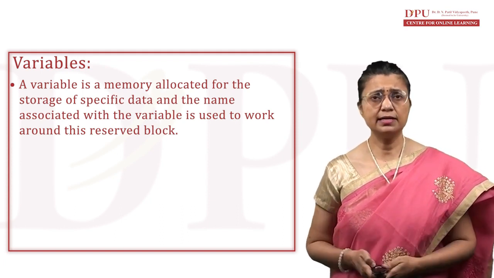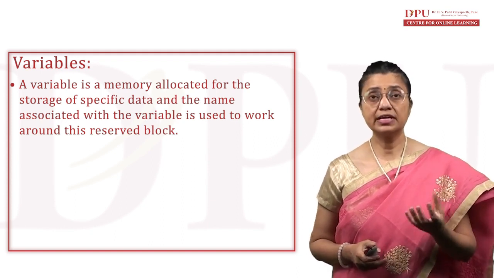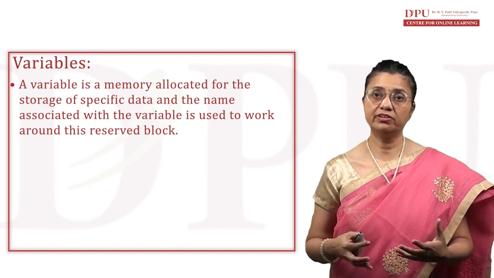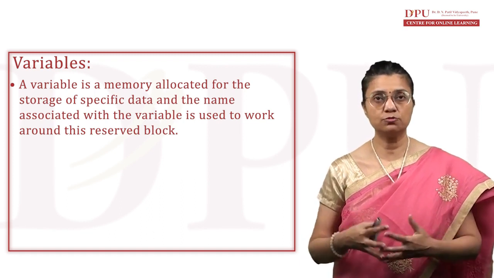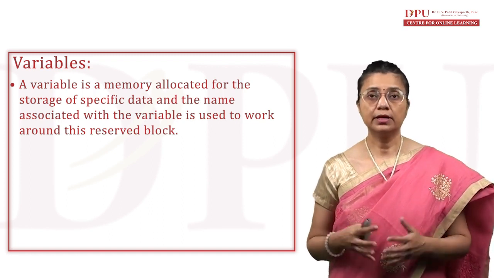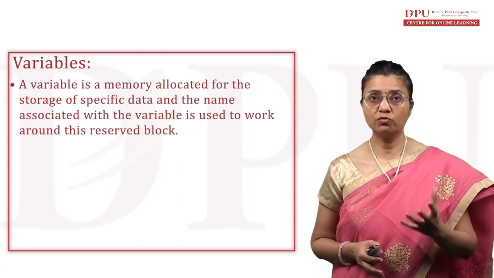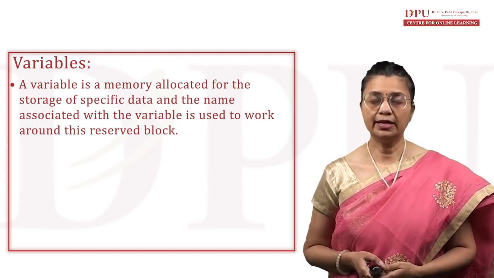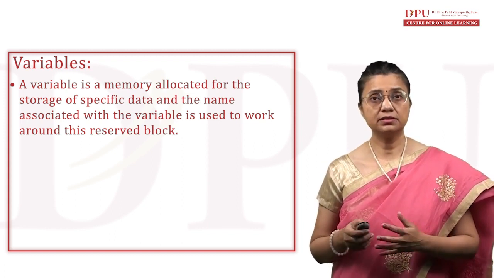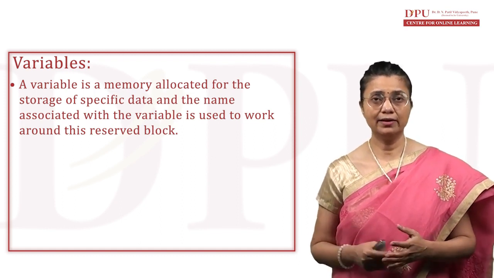So if we understand it in a simple way, a variable is a value holder which can have different values at different points of time, and that is why we call it a variable. Because the value is changing, we call it a variable. For example, it is holding 10, then it holds 20, and then 30.